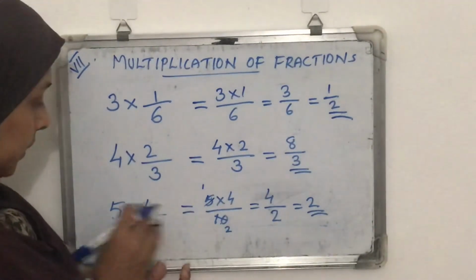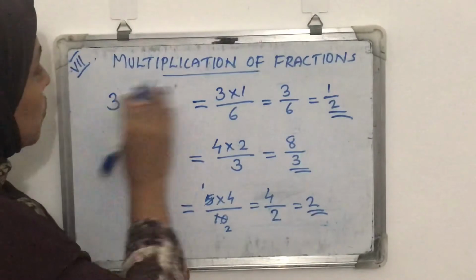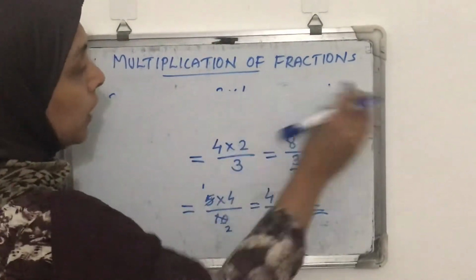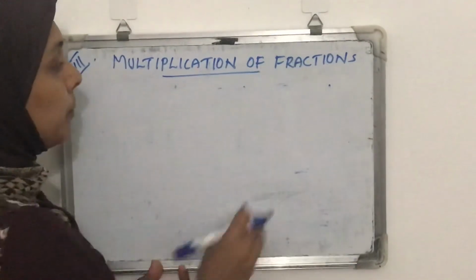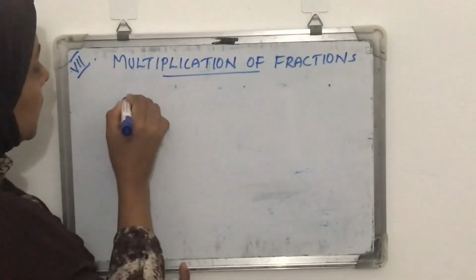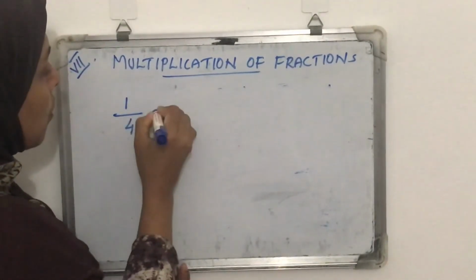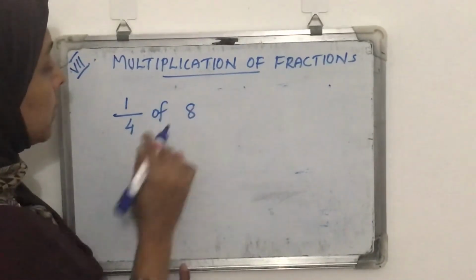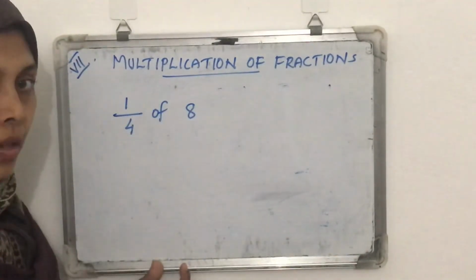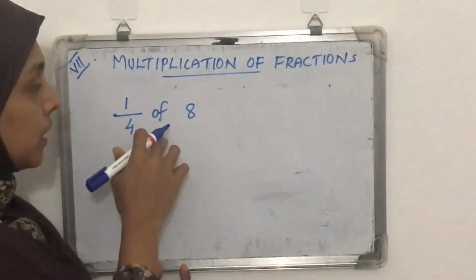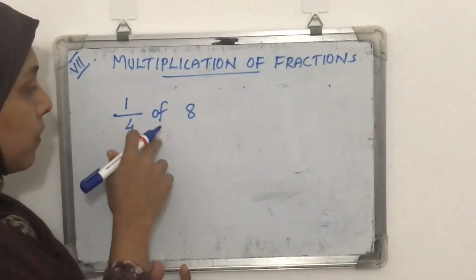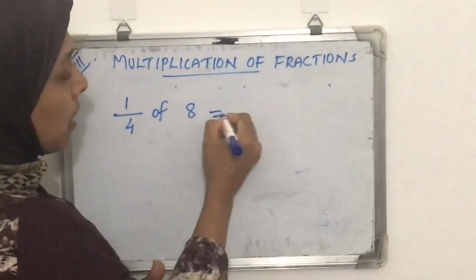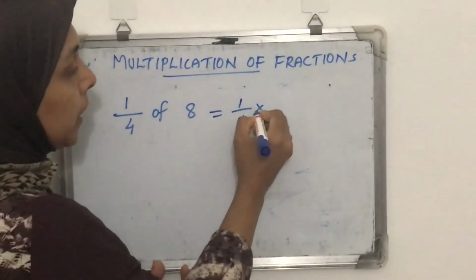Next is the use of 'of' in the fraction form. Okay, you hear this type of question again. 1 by 4 of 8. What is 1 by 4 of 8? The 'of' operator represents multiplication. 1 by 4 of 8 means 1 by 4 multiplied with 8.